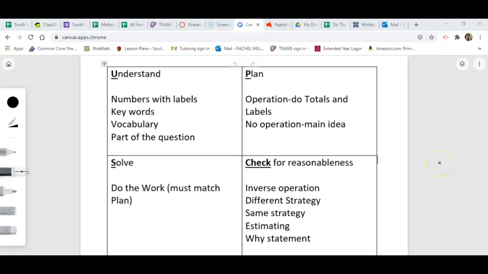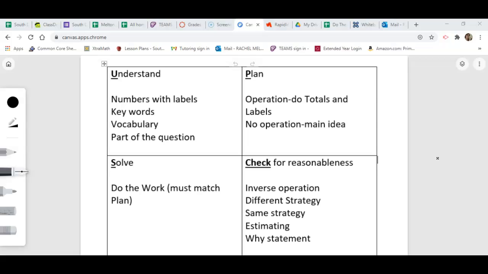Okay, so what I mean by label is if the question is saying I have 15 cats and 15 dogs, cats and dogs are the labels. Okay, so of course keywords, I always want children to write down keywords, but I don't want them to only be focused on keywords.